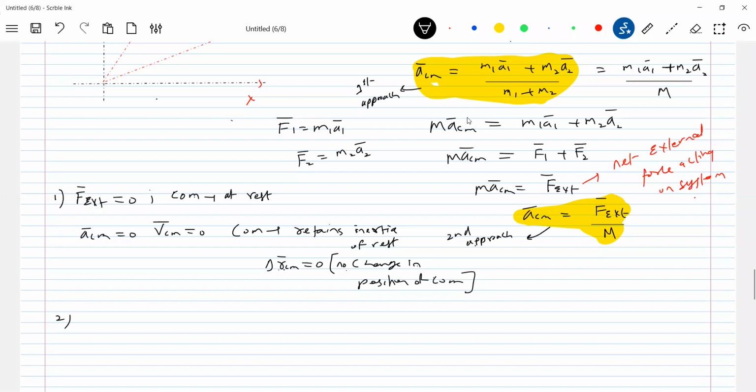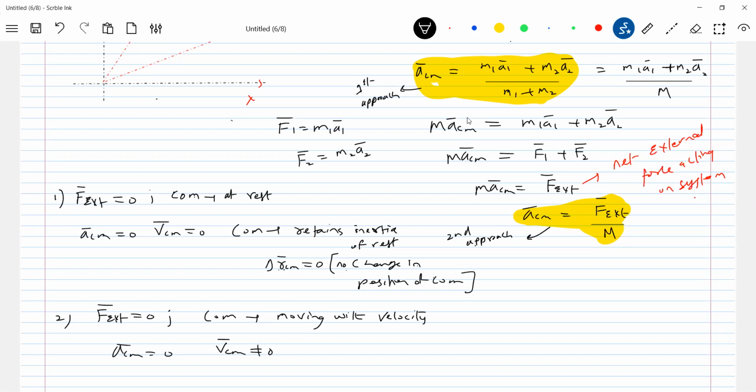Next, second situation. If net external force is 0, and center of mass is moving with some initial velocity, what should happen? ACM is 0. What should happen to VCM? Will it be non-zero?